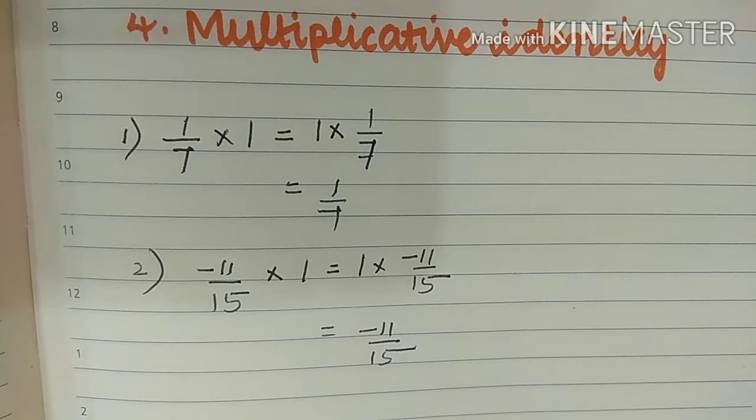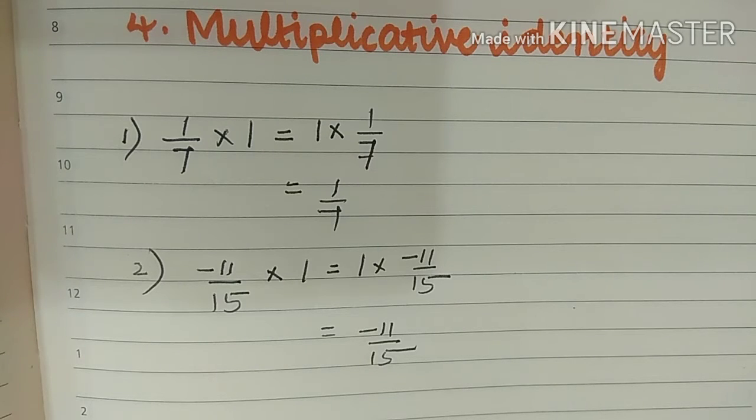You know that when you multiply any number with 1, the result will be the number itself. Therefore, 1 by 7 into 1 is equal to 1 into 1 by 7, which is equal to 1 by 7. Again, this is the second example: minus 11 by 15 into 1 is equal to 1 into minus 11 by 15. This is equal to minus 11 by 15.